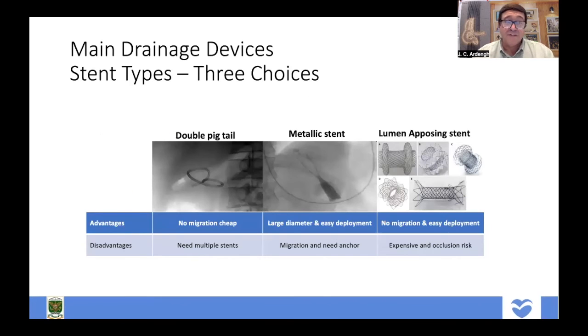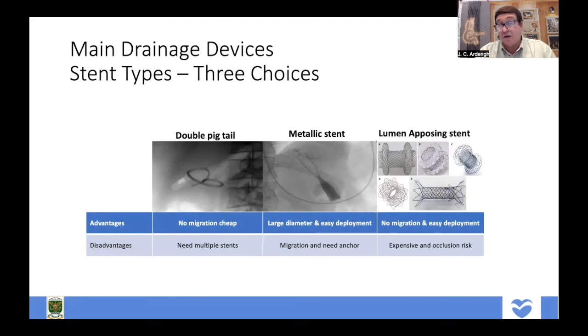Regarding the type of stents, we have the double pigtail plastic stents, metallic biliary stents, and lumen-apposing metallic stents. This table shows the advantages and disadvantages of each one.